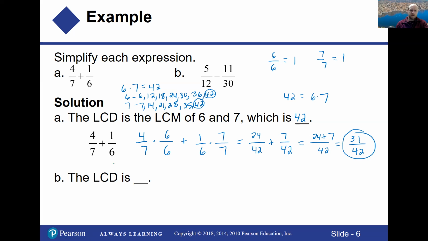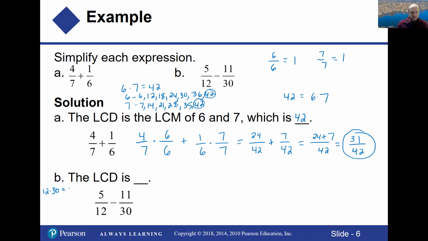So let's find the least common denominator for part B. So for 12 and 30. Okay, well, again, that little trick that I did before isn't really going to help us a whole lot here. It's going to give us a common denominator.